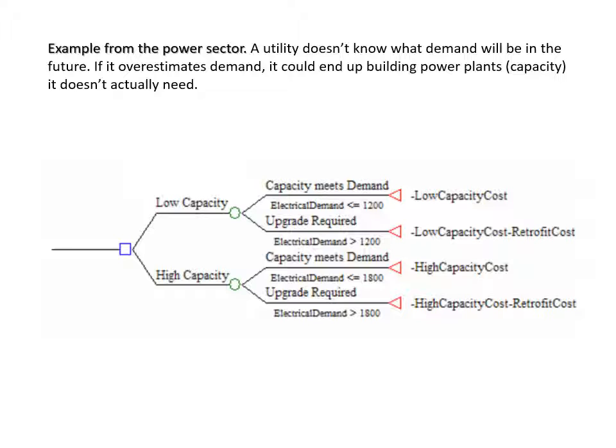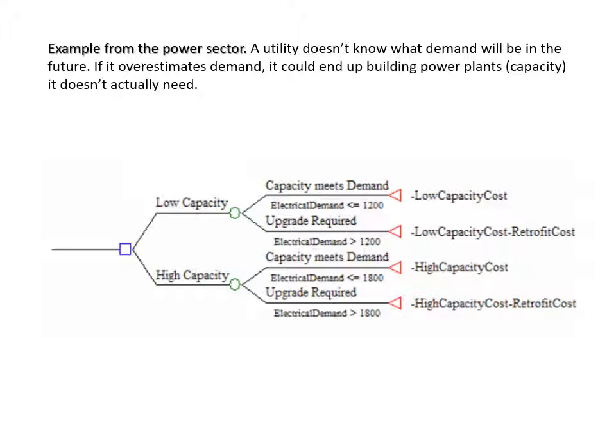And both of those conditions are possible for each decision, right? So there's a possibility that low capacity meets demand, and high capacity meets demand. There's also a possibility that you need an upgrade if you have low capacity, and a possibility that you need an upgrade if you have high capacity. But obviously, the probability that you need an upgrade, given that you built high capacity, is much lower than the probability that you need an upgrade if you built low capacity.